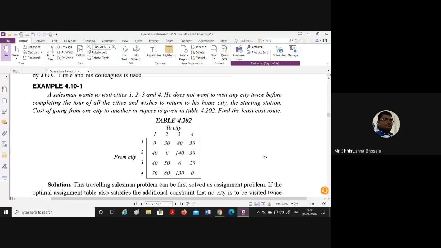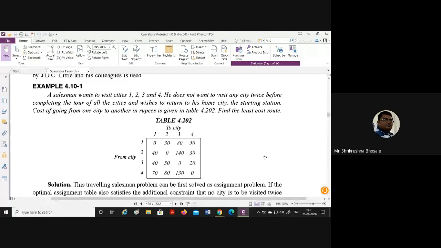From city 1 to city 1, what is the traveling cost? Whatever is on the column side is the from city. That means from that city we have to travel to which city, that is indicated in the rows. Whatever 1, 2, 3, 4 is written in the column is the from city, and 1, 2, 3, 4 written in the row is the destination city.